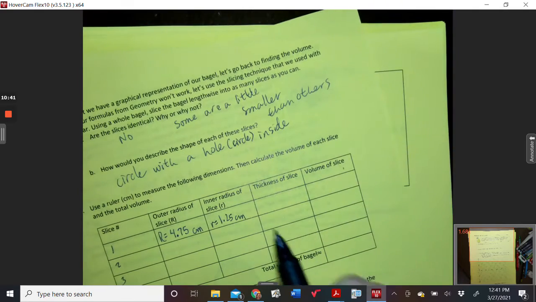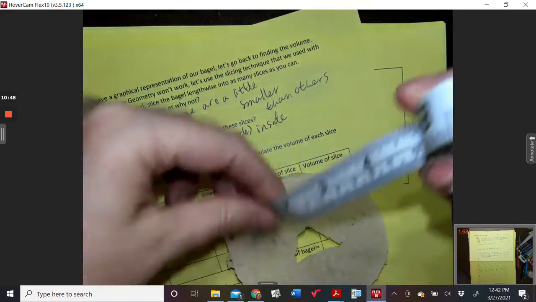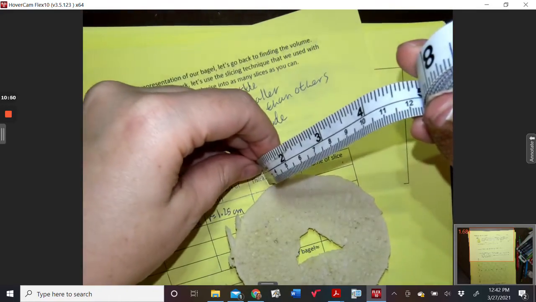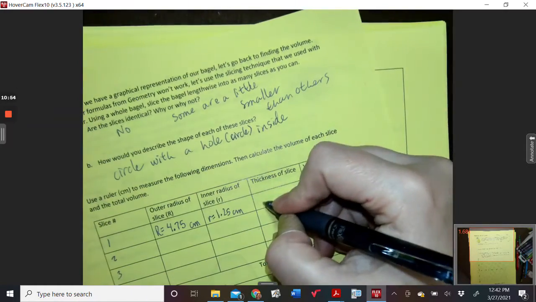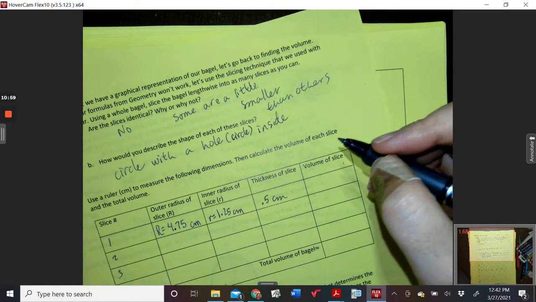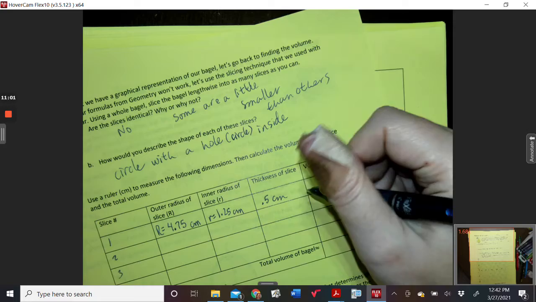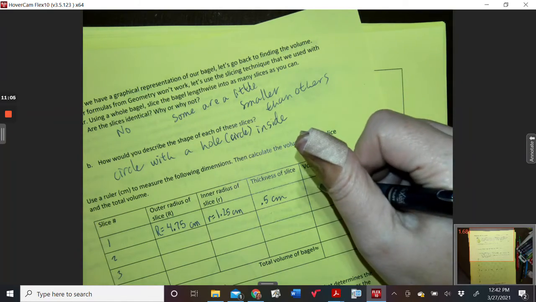The thickness of the slice, I can't see what I'm doing. Looks like it's a 0.5 centimeter thick. Okay, and then to do the volume, it's going to be a cylinder, right?